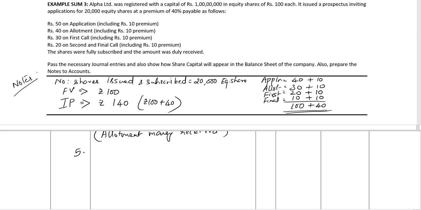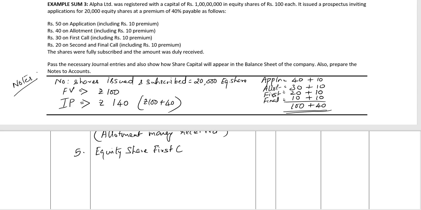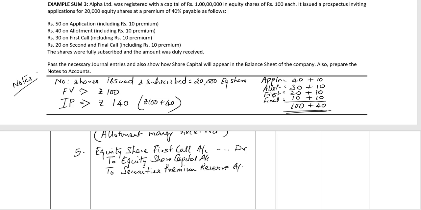Let's go to the fifth entry. We need to make the first call money including the premium due. Equity share first call account debit to equity share capital account to securities premium reserve account.